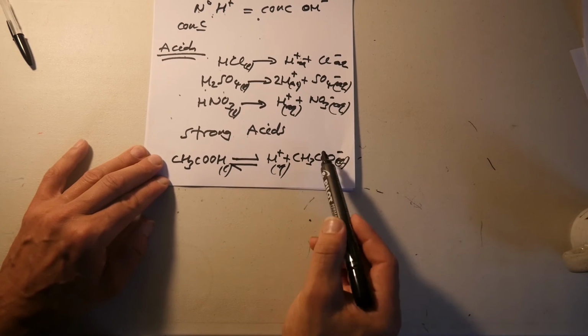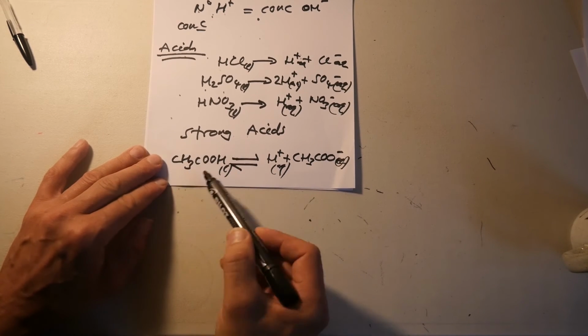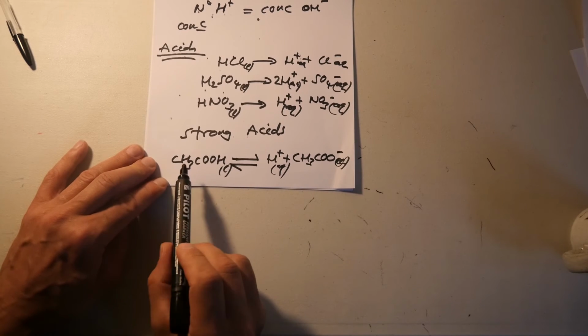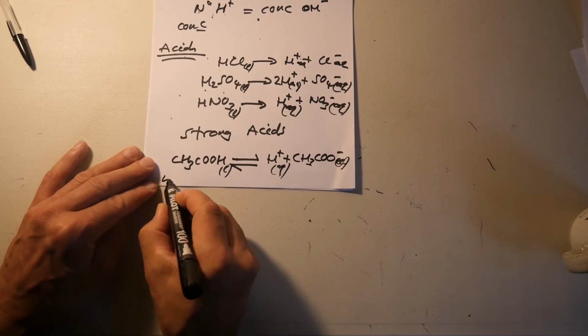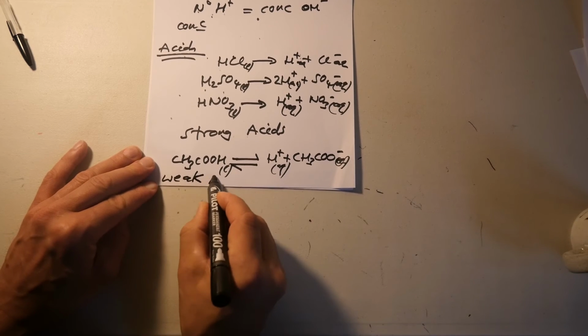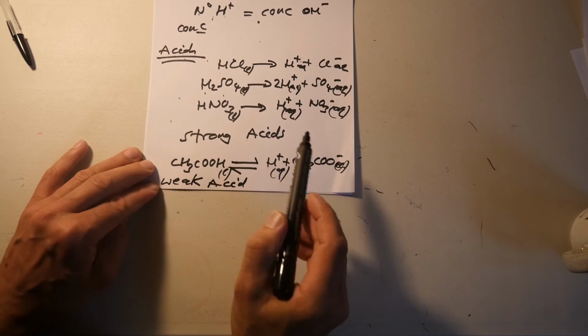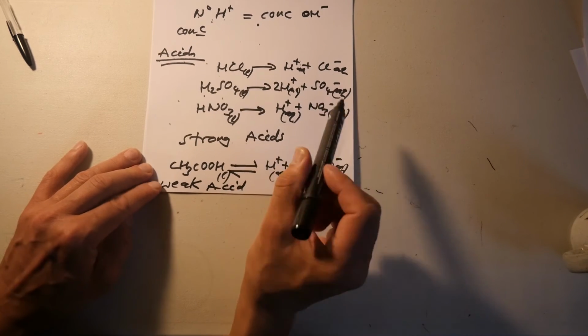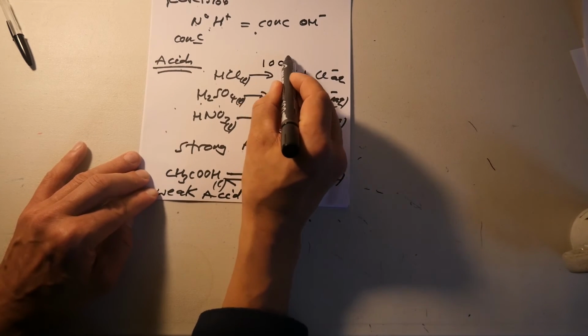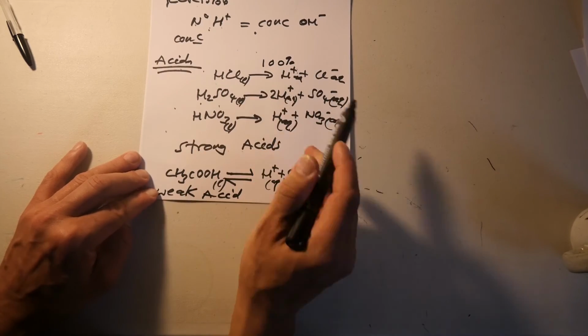So you also get these reforming back to the complete molecule. So this is why this is a weak acid, okay? That's a weak acid because it's not complete dissociation, whereas these are strong because you get 100% breakup, okay?